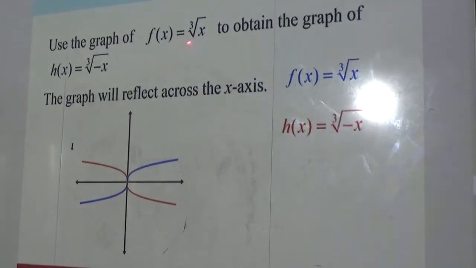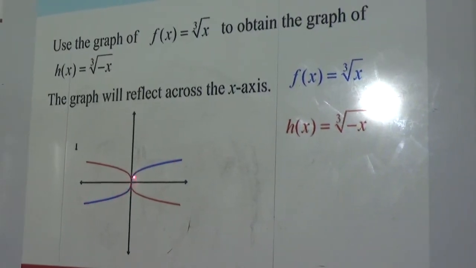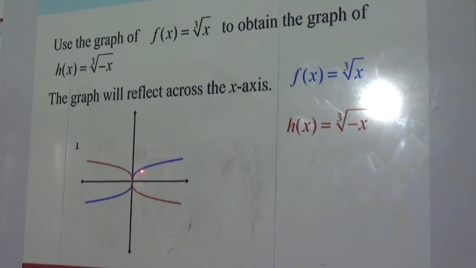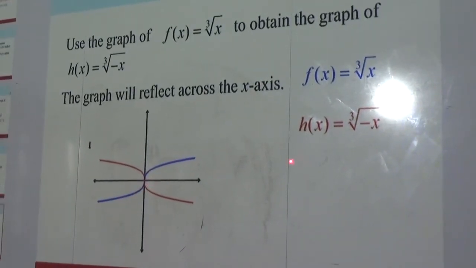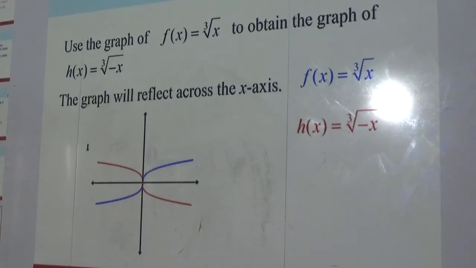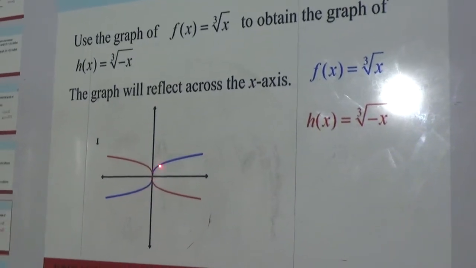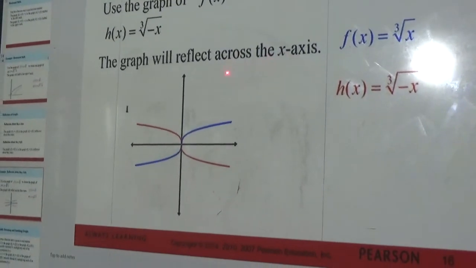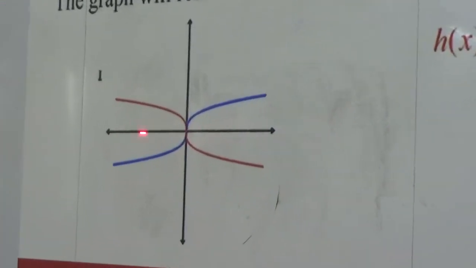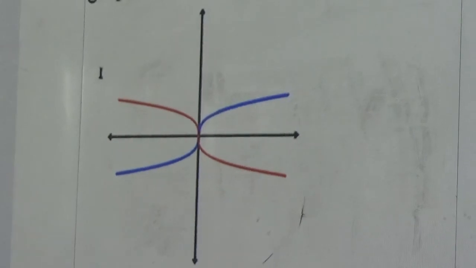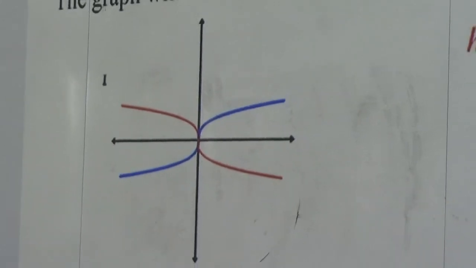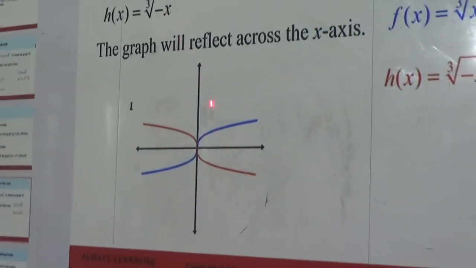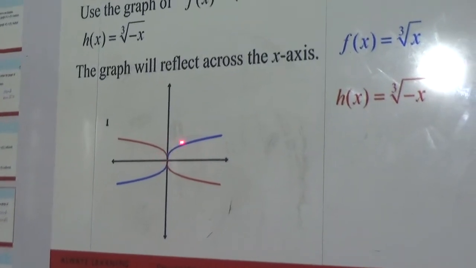Starting with the cube root of x graph, the blue, that's this part here going all the way through the blue. This is not a great example to use because it kind of confuses the situation, but if you notice, the blue graph is the original. We're reflecting across the x-axis, so we're reflecting across this axis. When we take the negative of x, we take the negative of the input, we're reflecting about the x-axis.